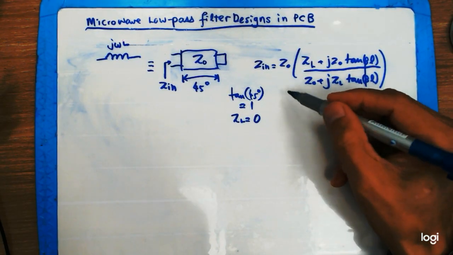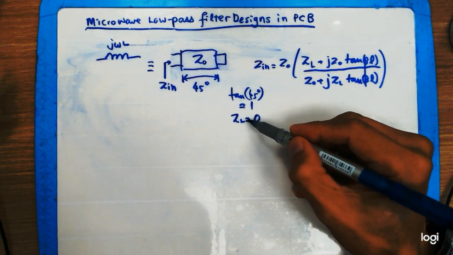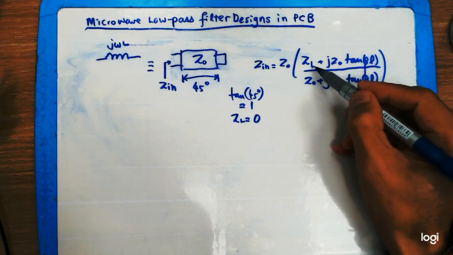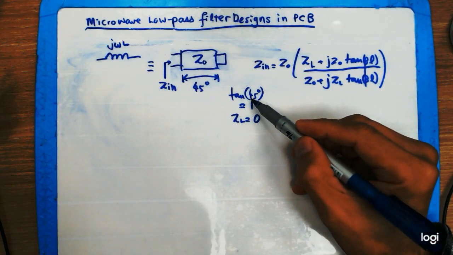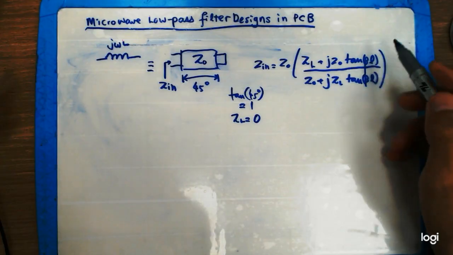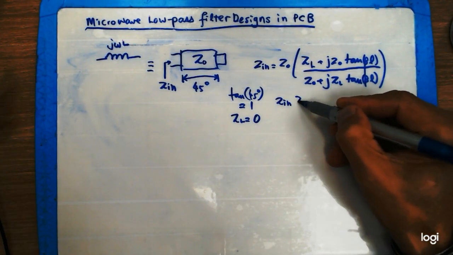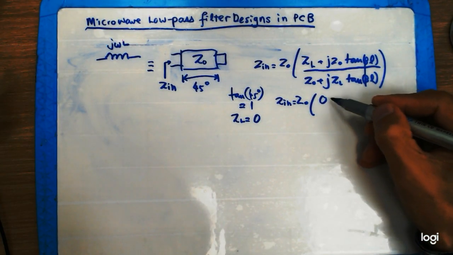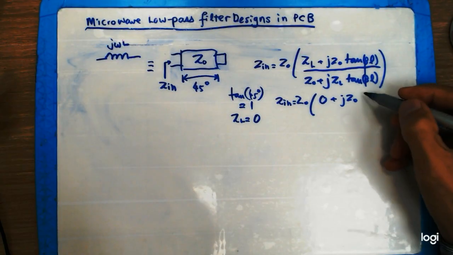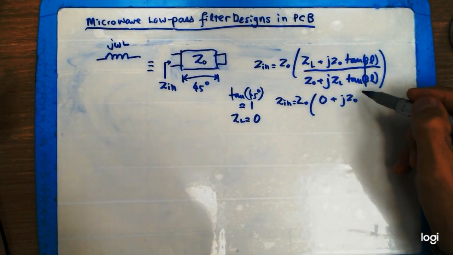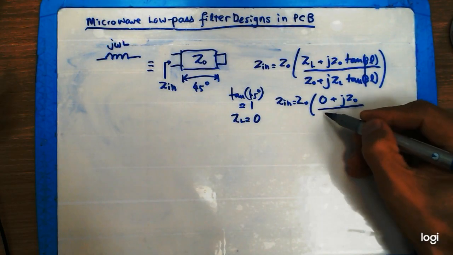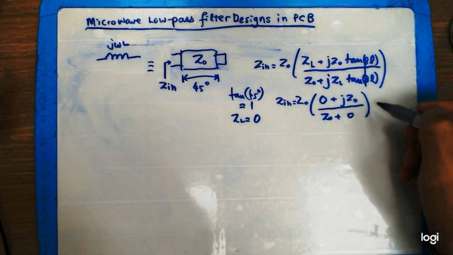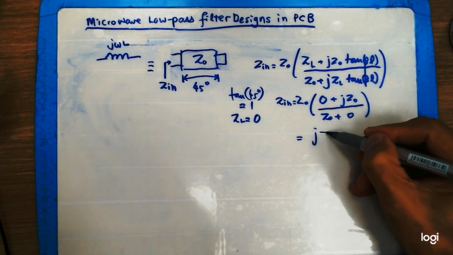So in this case, if we substitute ZL equals 0, and we replace βl with 45 degrees, then what we can get here is 0 plus jZ0, and then tangent 45 degrees is 1, and then jZ0, and the other term is 0. So altogether, we will get this one.